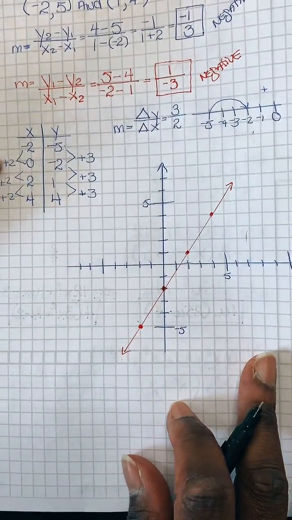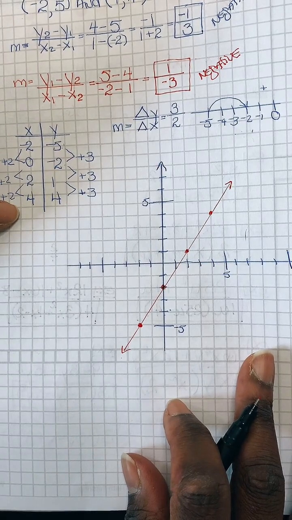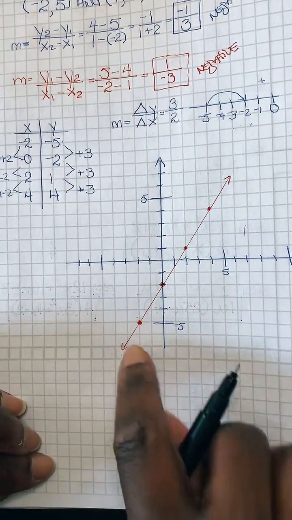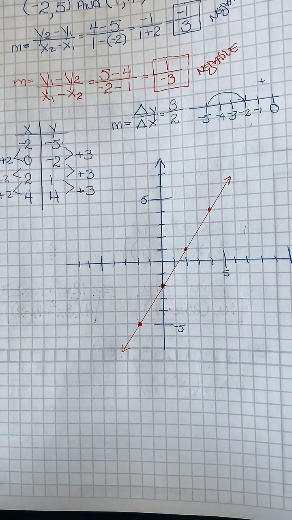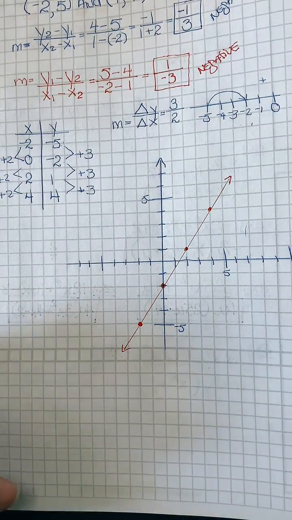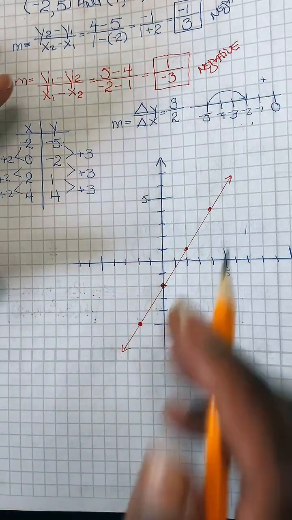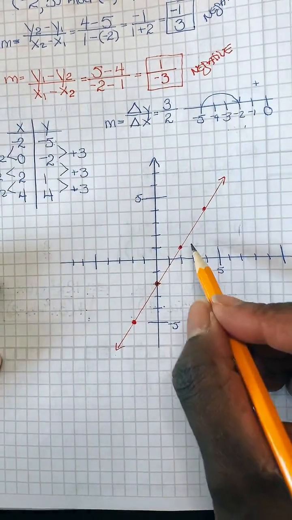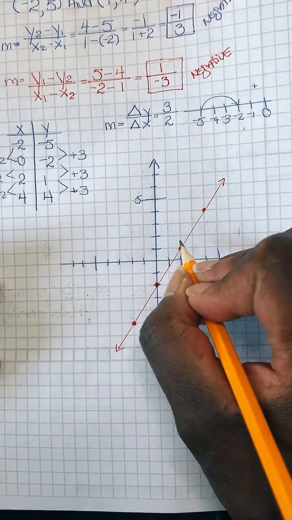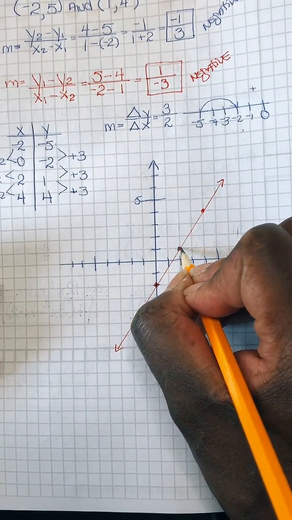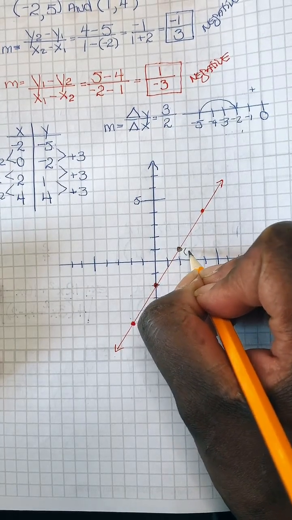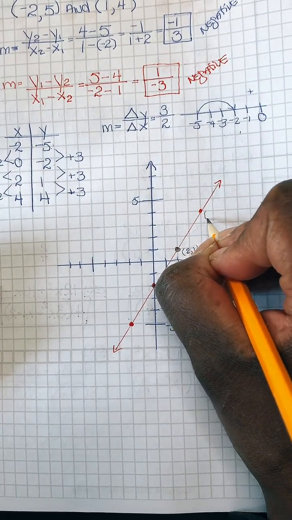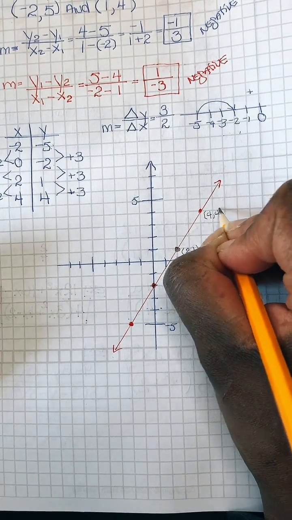So even if they gave me these ordered pairs and asked me to find my slope, you can still find the slope just by graphing it. If I graph all my points, all I need is just 2 points to find my slope. Let's say I use this point at 2, 1, and go to this point at 4, 4.